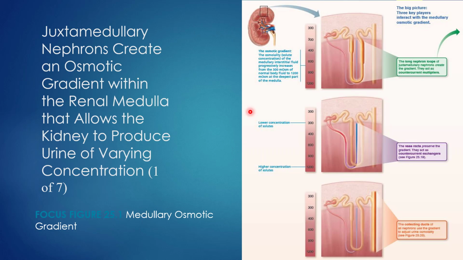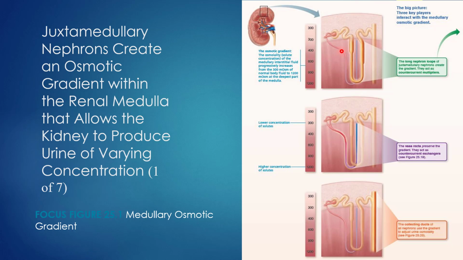So take note, guys, that it's also letting you know here that this has got something to do with the nature of the loop of Henle. Remember that in the previous slides I mentioned that the cells of the descending limb allow water to move. So this is permeable to water, but would not allow the salts to move in.